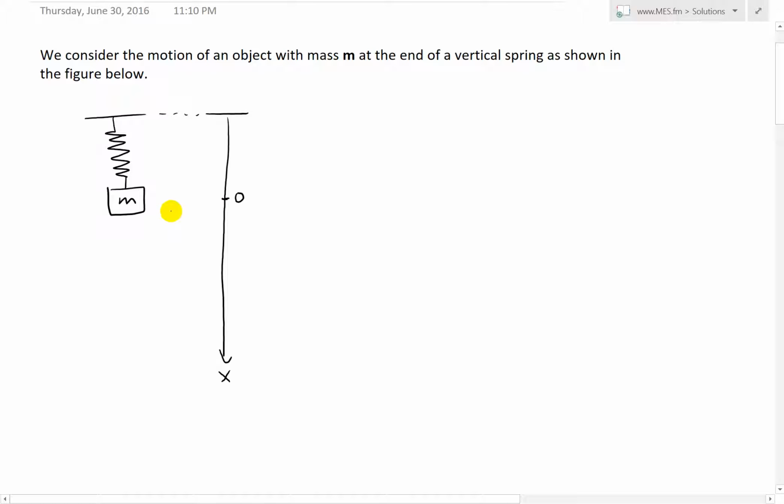And so at the 0, this is the equilibrium position, or its natural length. Equilibrium position. So this is if you just leave it as is, that's where it is. So that will be our 0 starting point.